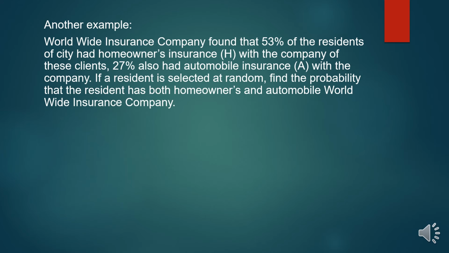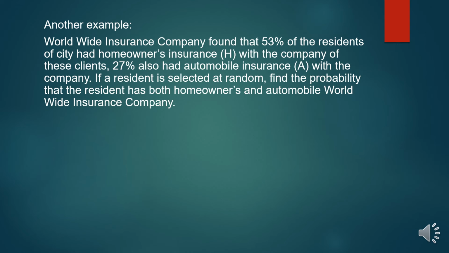Another example. Worldwide Insurance Company found that 53% of the residents of the city had homeowners insurance, which is H, with the company. Of these clients, 27% also had automobile insurance, or A, with the company.